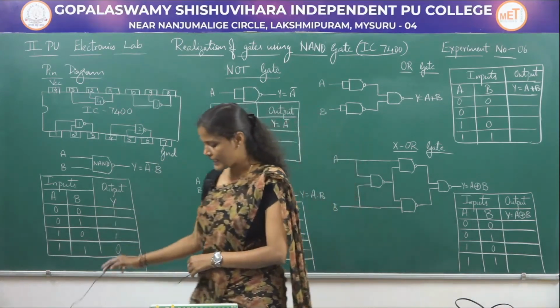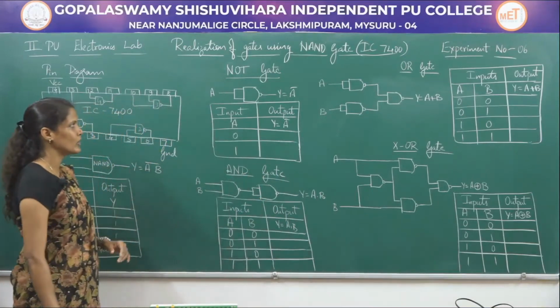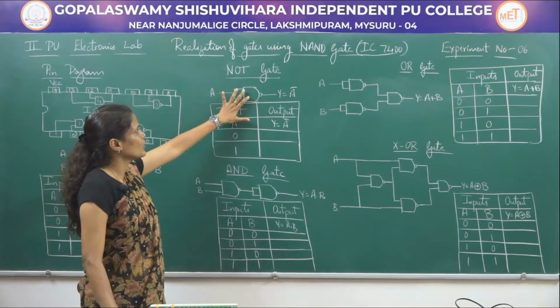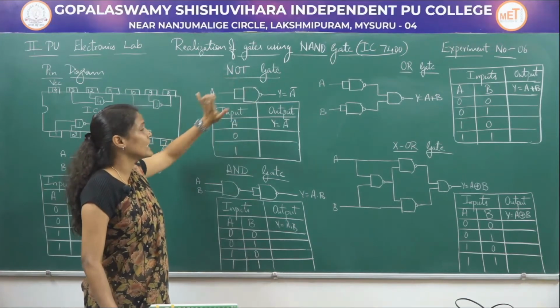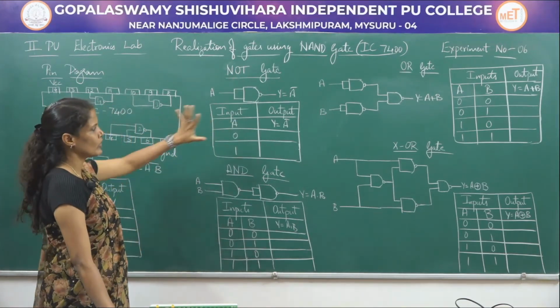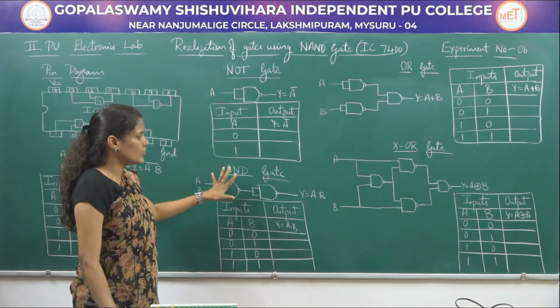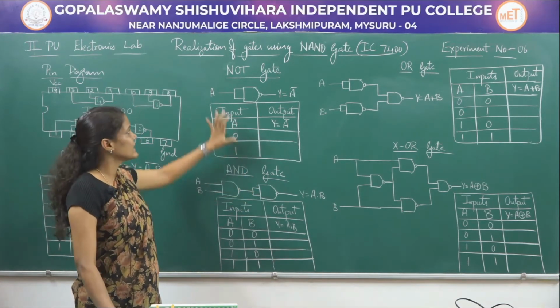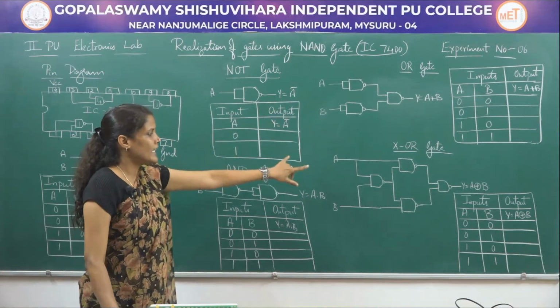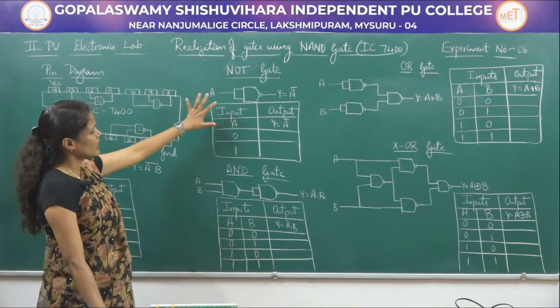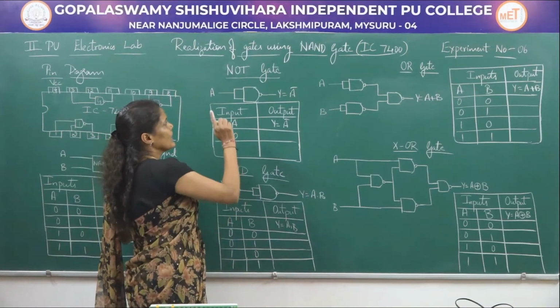So how to realize these basic gates using NAND only? This is a circuit we are going to use in order to construct a NOT gate using NAND only. If you look into these diagrams, we are using only NAND gates and constructing or realizing NOT, AND, OR and XOR. So here this is a NAND gate.